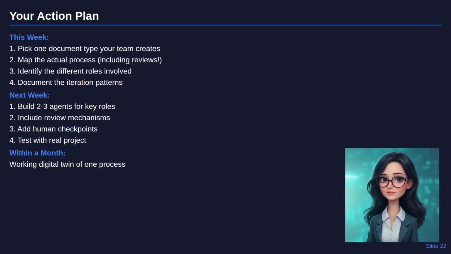And the QA reviewer? It checks everyone's work and finds problems. Because that's what good QA does. Notice how they review each other's work. This isn't inefficiency. This is how quality happens.